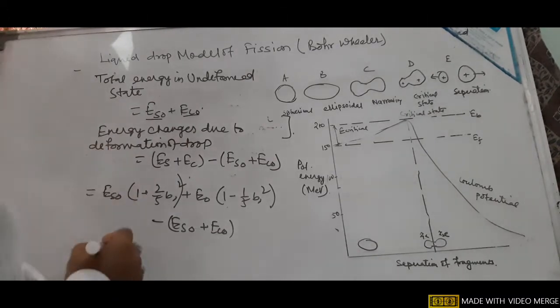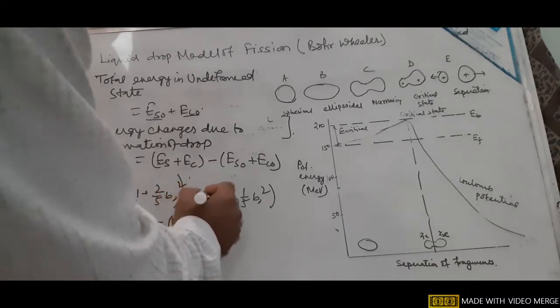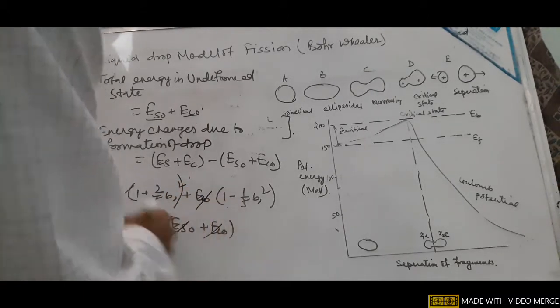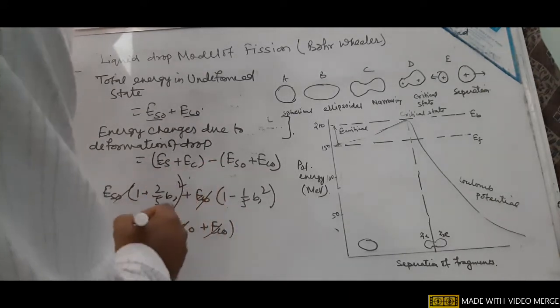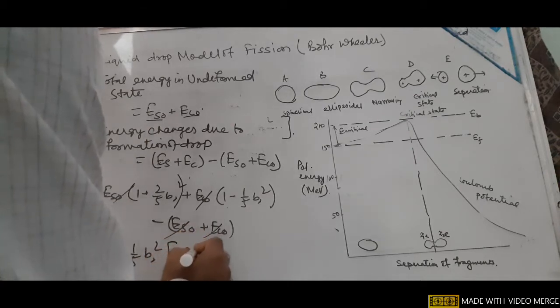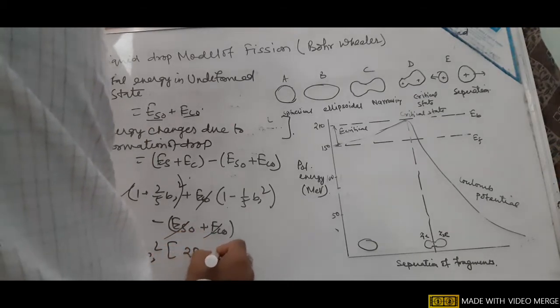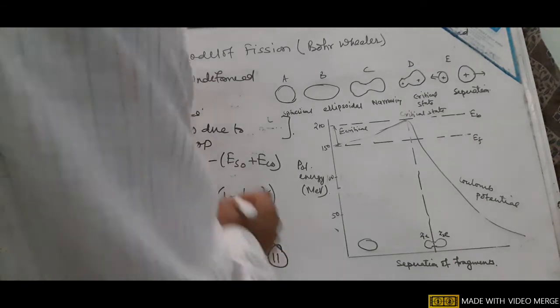So what we get, the ES0 and EC0 terms cancel, so we get 1 by 5 B2 square and then twice ES0 minus EC0, which is equation 11.